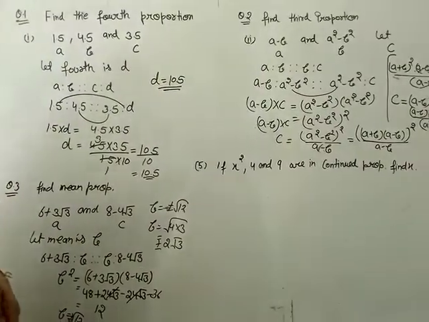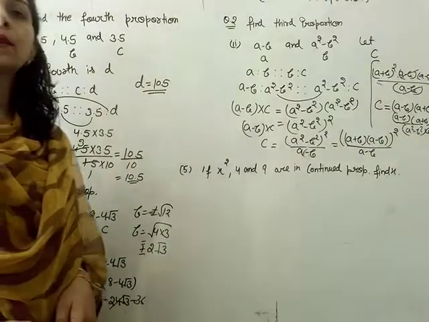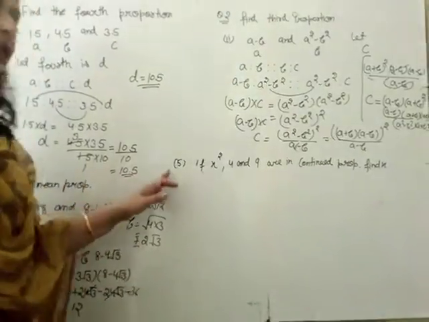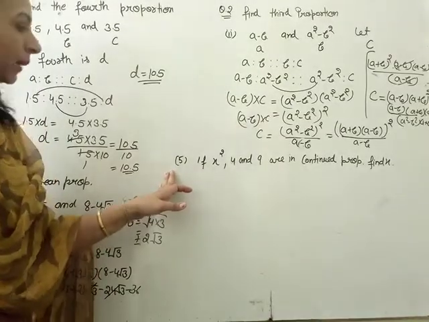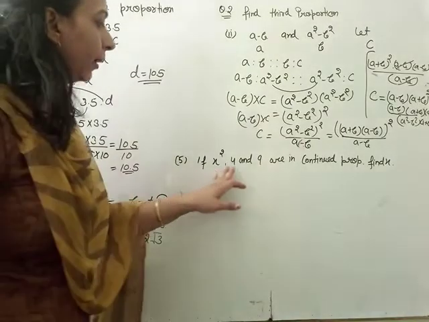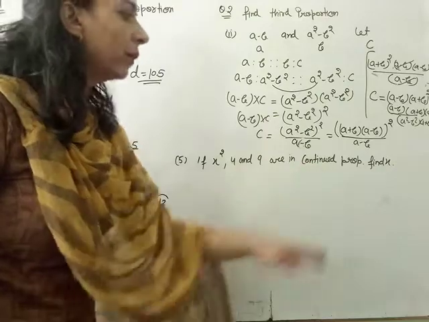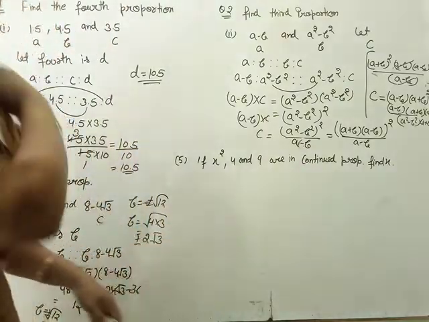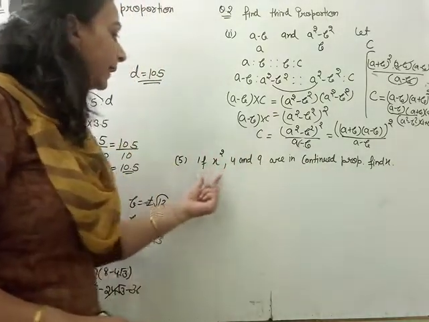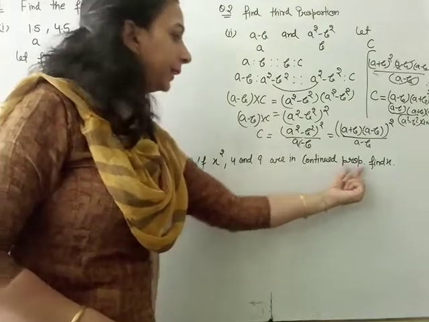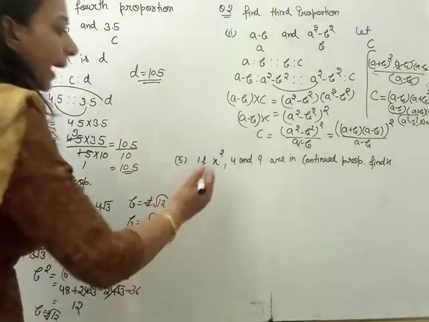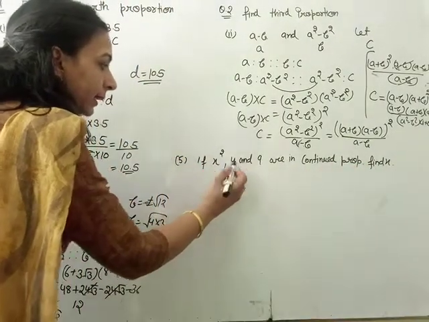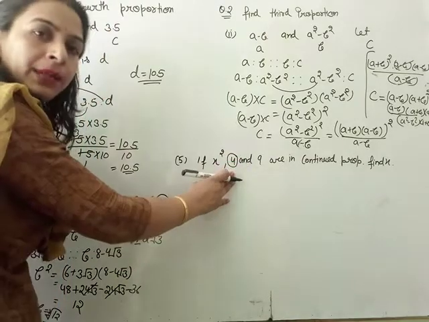Okay, then next question is question number 5. If x square, 4 and 9 are in continued proportional, find the value of x. If these three are in continued, find the value of x. X square, 4 and 9, that means this is the middle and this is the mean proportional.